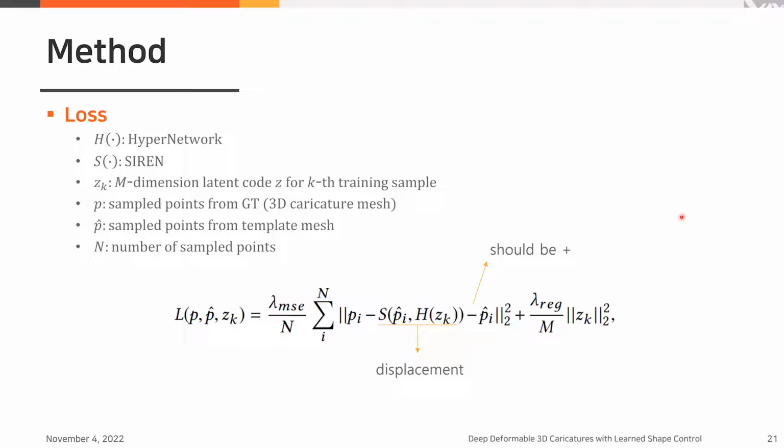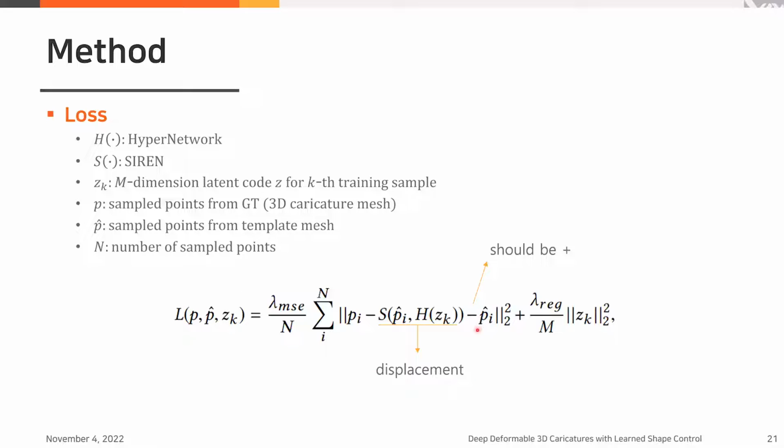So back to the loss function. It is a very simple mean squared error function between the ground truth point and the generated point. So H is a hypernetwork and Z is an m-dimensional latent code for the kth training sample, which is sampled from the Gaussian distribution. So from this, you have a parameter, and using that parameter and the sampled point from the template mesh, you have the output of the displacement.